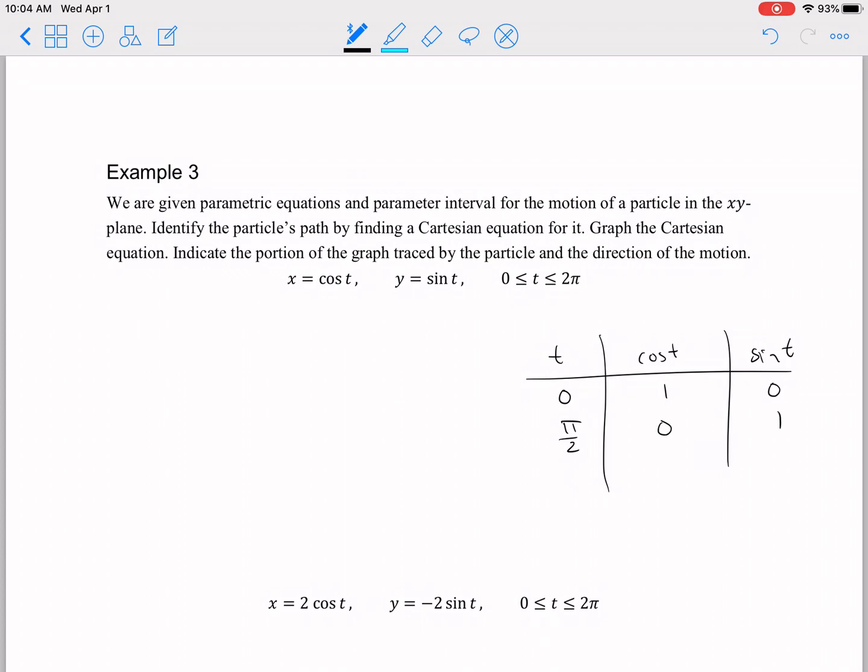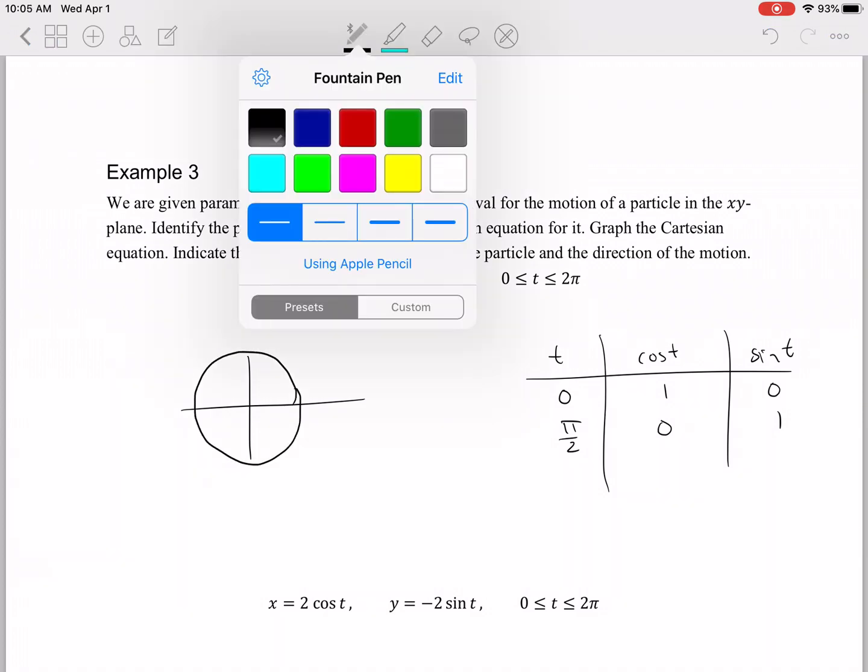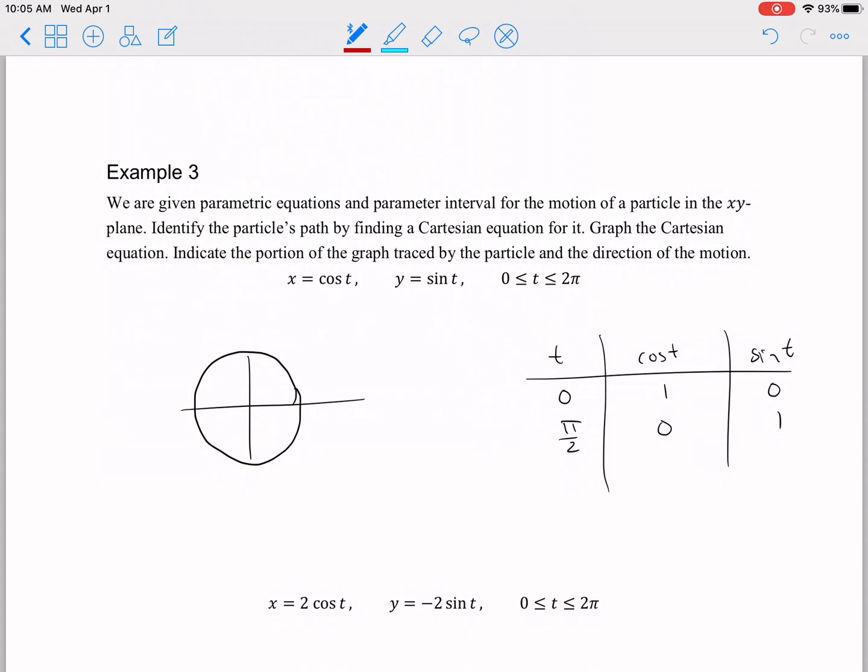You could do 5 pi over 4, you could do all these values, and what you're going to ultimately map out with this is the unit circle. This is going to take us around the unit circle. So we start here at t equals 0, and as we progress around the values of t, we keep moving around this, and this particle is going to go around a circle one time from 0 to 2 pi and end up right back where it started.